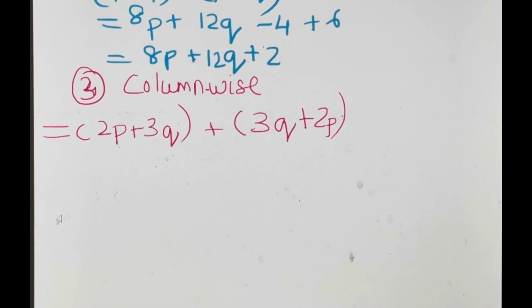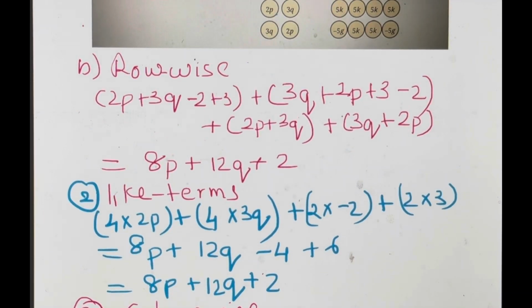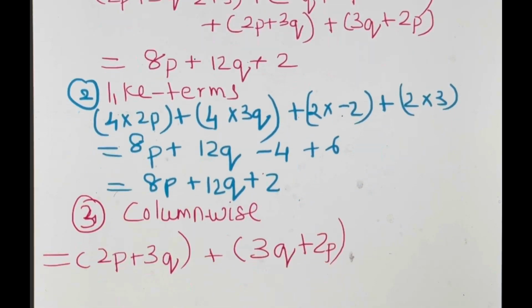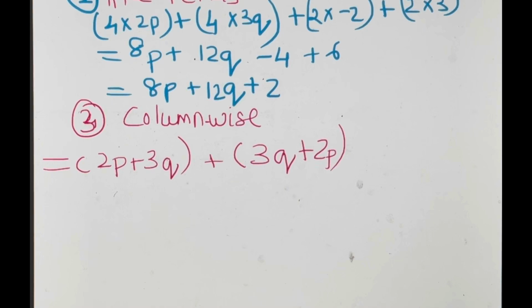Then the third column, if you see the third column, minus 2 plus 3 plus 2p plus 3q. So this is column wise. Here this is the first column, second column, third column and fourth column. So let us write down column wise the third and the fourth column. We have already written the first and the second column.